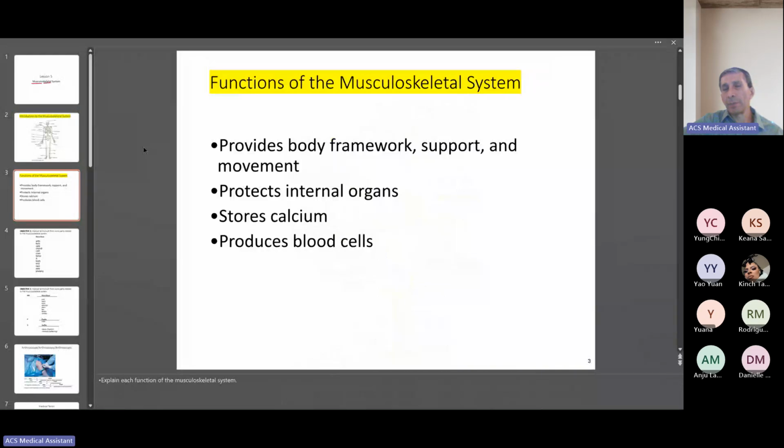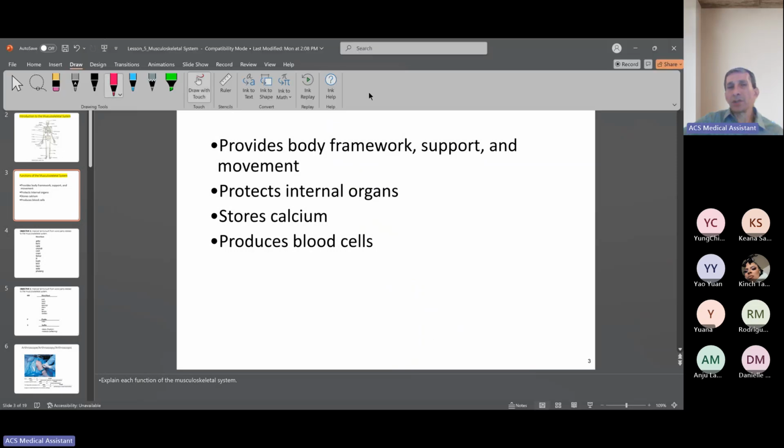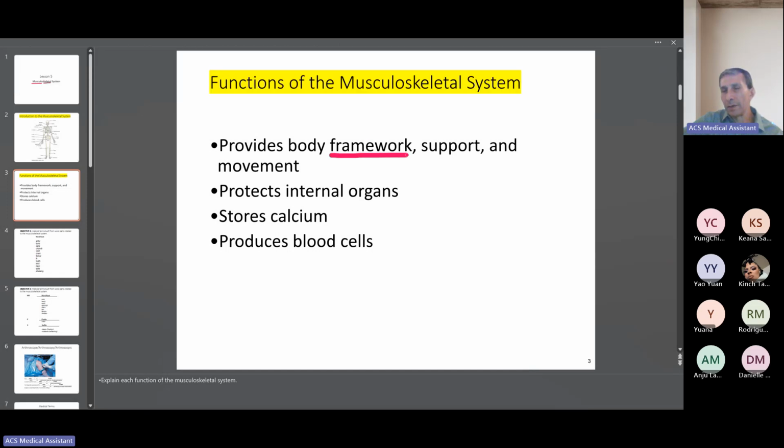Okay, so let's talk about the functions of the musculoskeletal system. One of the main parts of the musculoskeletal system is that it serves as the framework. Can you imagine without the bones, how can we stand erect?